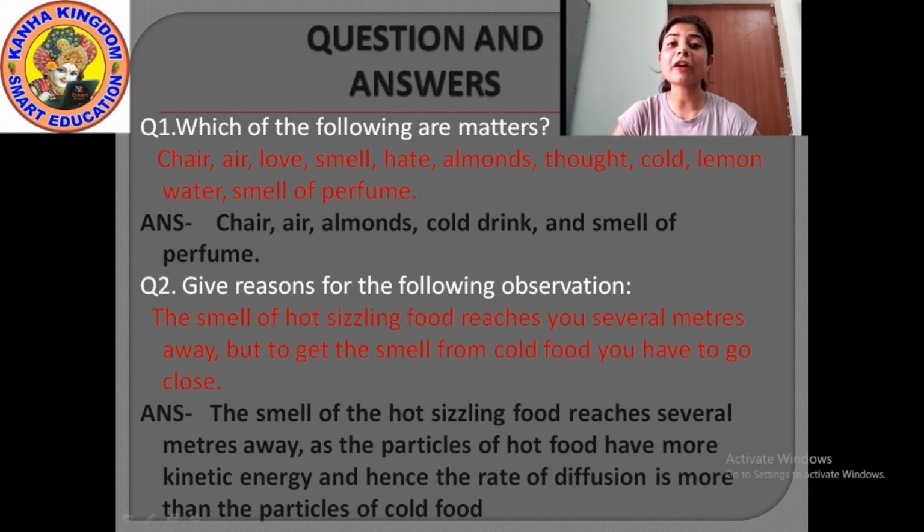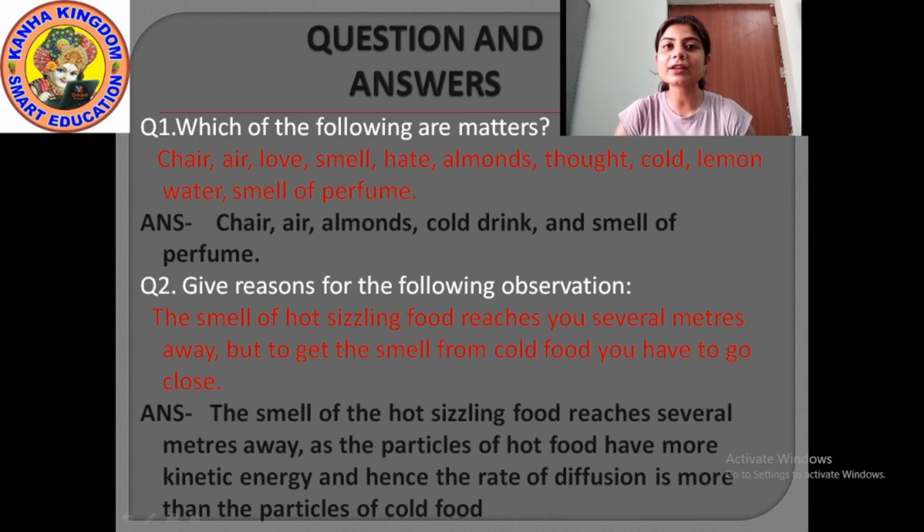When a food is hot, the particles in the food have more kinetic energy. That means the smell of the food can reach you easily, because the particles of the food move very fast. That is why they can move anywhere.